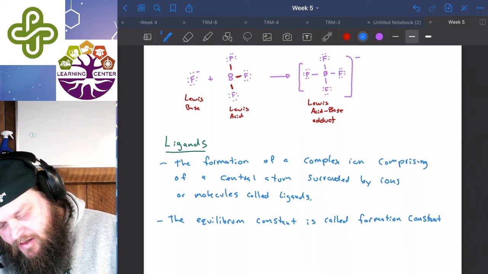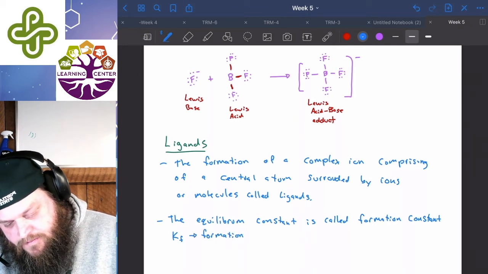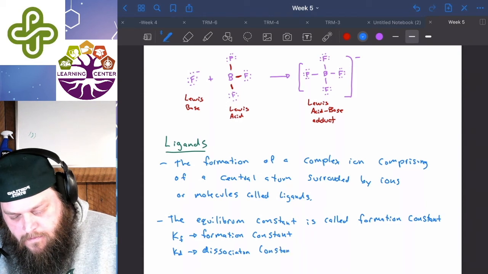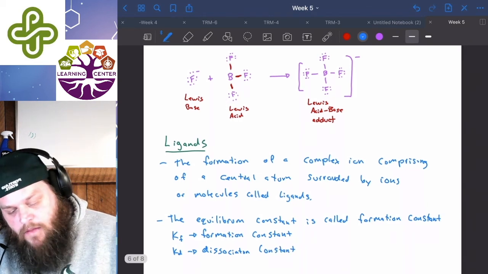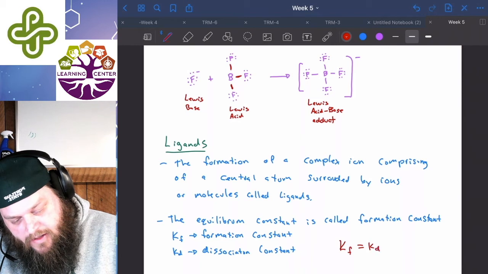So I can say Kf is what we call the formation constant, and Kd for dissociation is the dissociation constant. And they have a relationship where the Kf is going to be equal to the inverse of Kd.